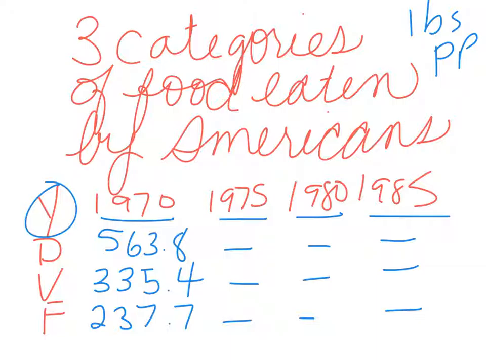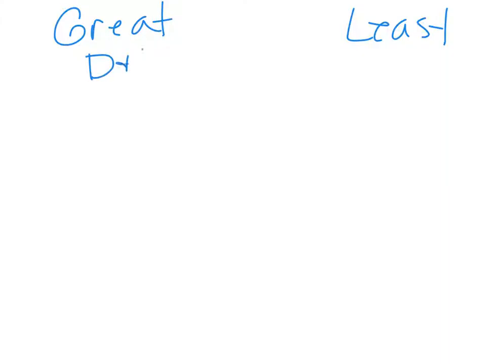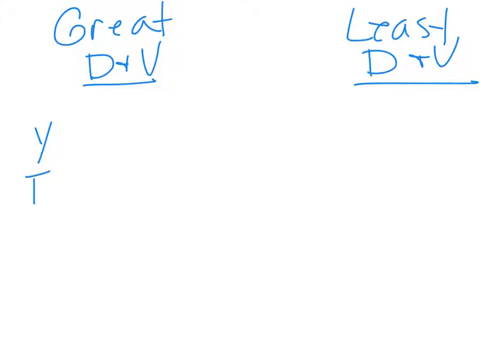Now let's say that we wanted to analyze the data and find the greatest consumption and the least consumption of dairy and vegetables. So which year was that? We would have to make a chart. We would have the year here, and we would add these 2 categories together, so T would represent the total of dairy plus vegetables for a given year.